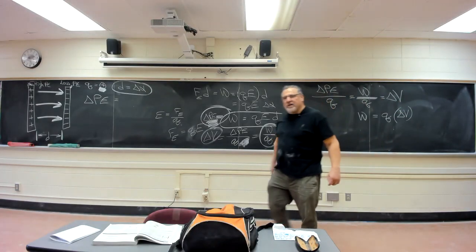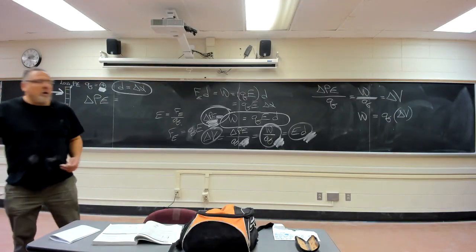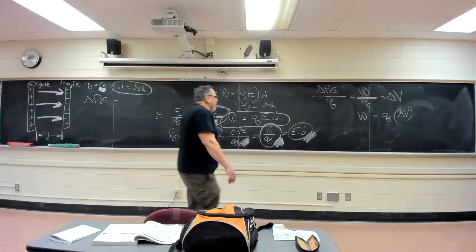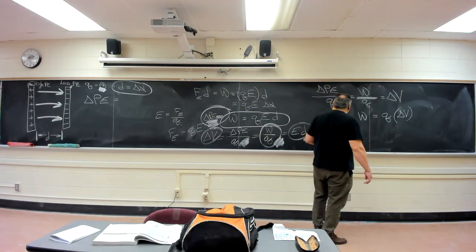Isn't that joules? What is Q? Isn't that coulombs? Joules per coulomb are the units of potential difference, of potential. If you multiply potential difference by coulombs, you get joules.